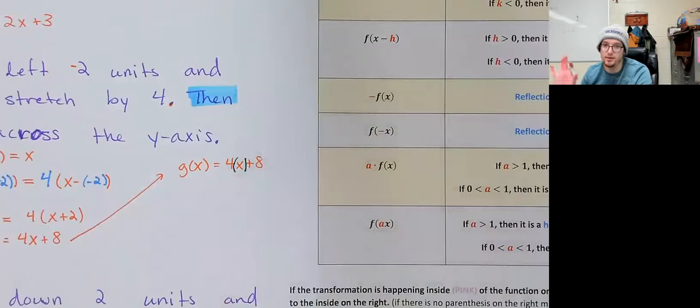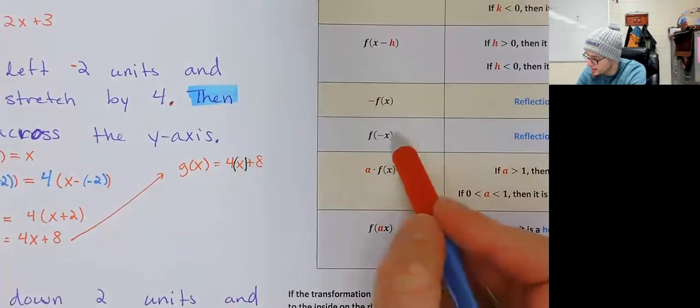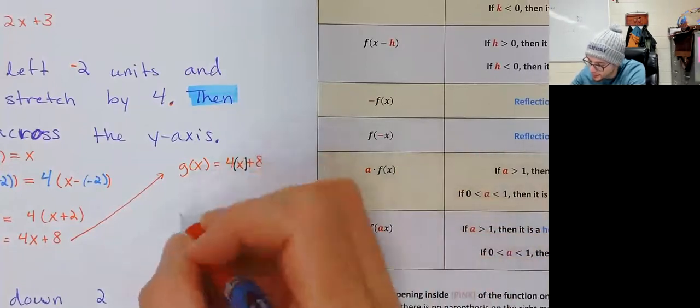I like that. There are parentheses around the input. We now can do something to the inside. So when I do something to the inside, which in this case, we're going to multiply the inside by negative.